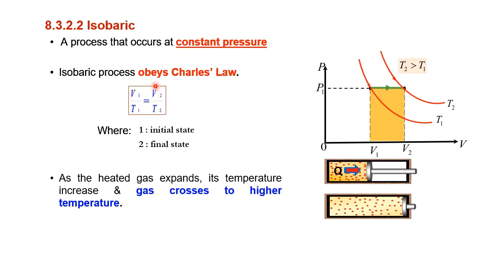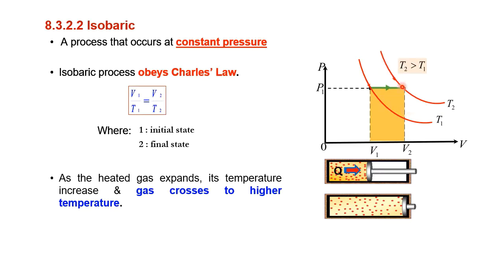So this process obeys Charles' law, where Charles' law says V1 over T1 is equal to V2 over T2. So on the graph, the volume 1, which is on this point, over T1, which is this curve, equals V2 over T2.